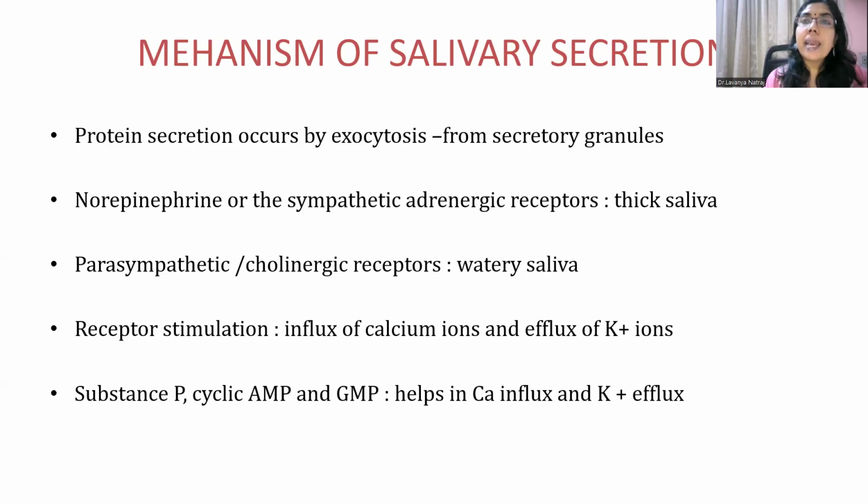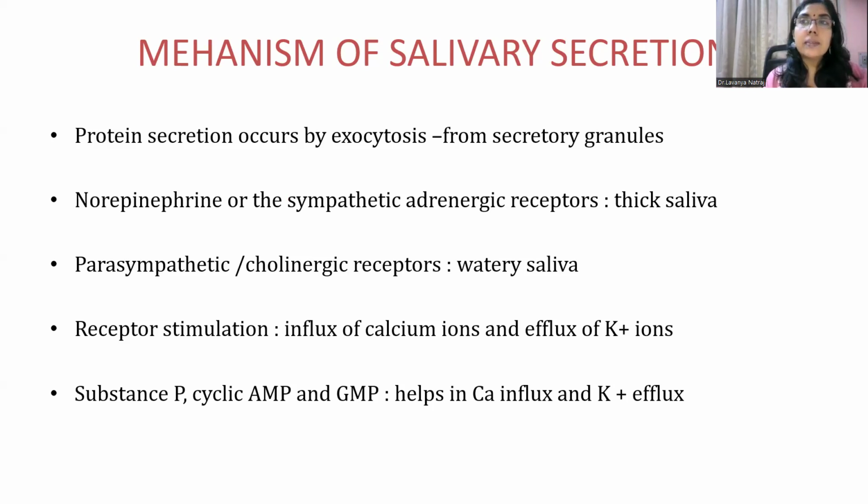Now, how does the mechanism of salivary secretion occur? We have proteins, electrolytes and water in the saliva. I just pulled out certain points because it is an elaborate topic, so I wanted to highlight the important things in salivary secretion. Mainly the protein secretion occurs by exocytosis from the secretory granules.